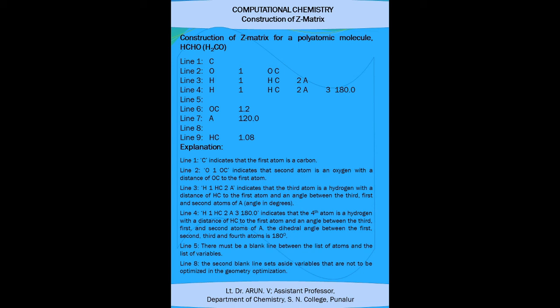Line 5: there must be a blank line between the list of atoms and the list of variables. Line 8: the second blank line sets aside the variables that are not to be optimized in the geometry optimization.